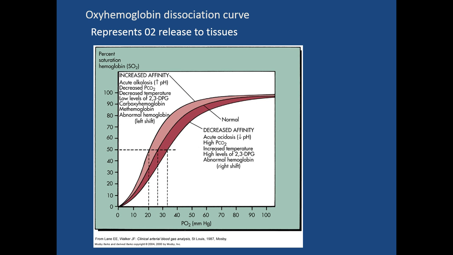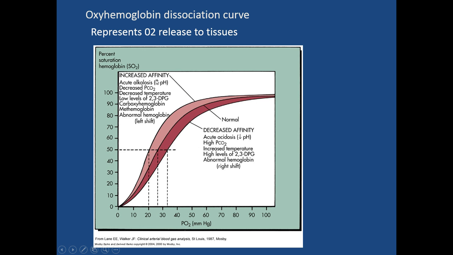So you have plenty of it in the blood, but it's not getting to the tissue, so you actually get tissue hypoxia. That's called increased affinity. It's called a left shift in the dissociation curve. And things like alkalosis, decreased carbon dioxide levels, decreased temperature, carbon monoxide poisoning can cause increased affinity. So you get tissue hypoxia because the oxygen can't be released from the red blood cells.